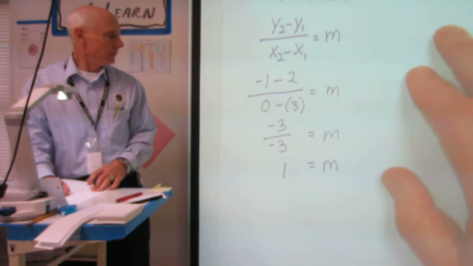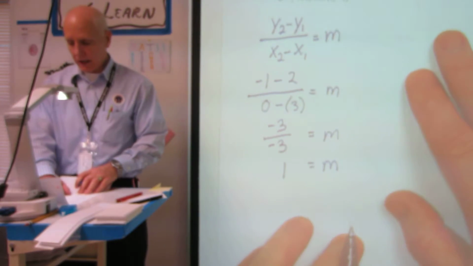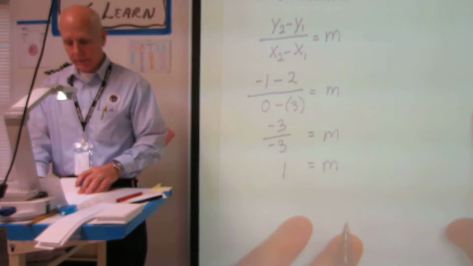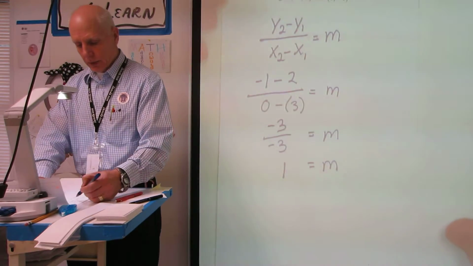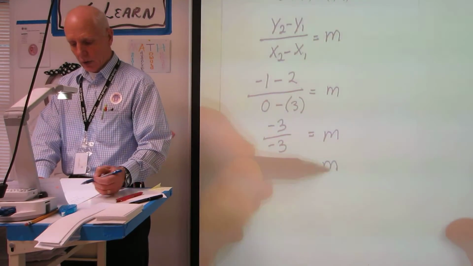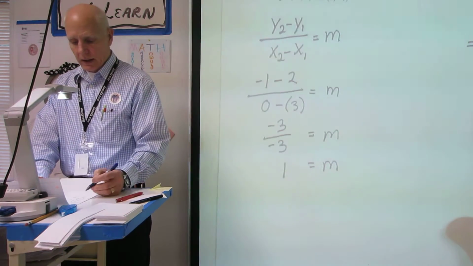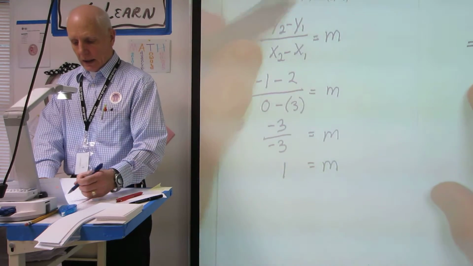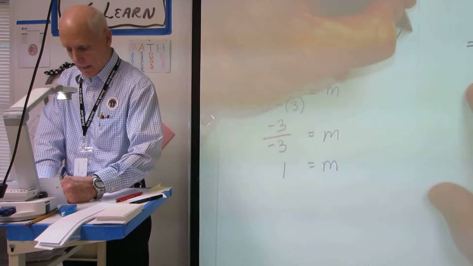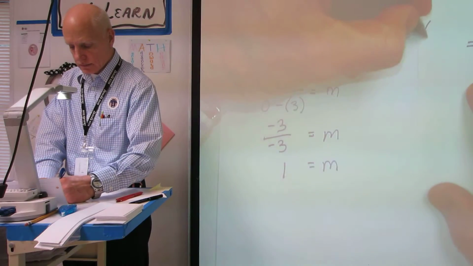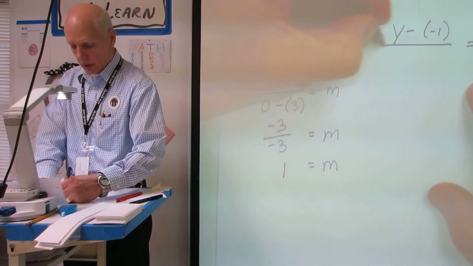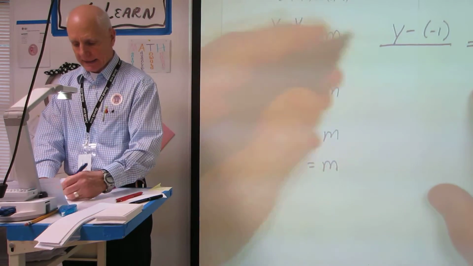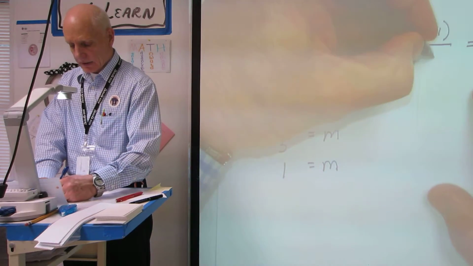Since we know that, we're ready now to take one of these points and put it into our formula. We already know the slope is 1. So we'll say 1 is equal to, and I'm going to go ahead and choose this as my point. And I'll have y minus -1 over x minus 0.